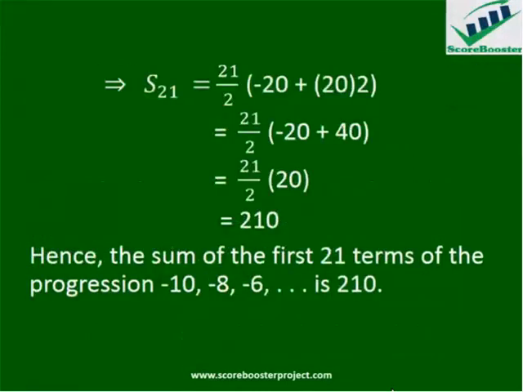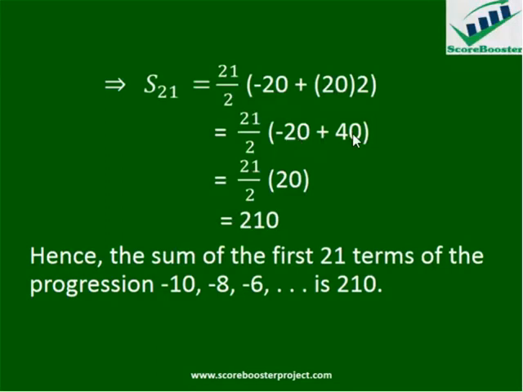So we evaluate this. We have S21 equals 21 over 2. 2 multiplied by minus 10 will give minus 20, plus 21 minus 1 will give 20, multiplied by the common difference 2, which is also equal to 21 over 2 into brackets, minus 20 plus 20 multiplied by 2 will give 40.